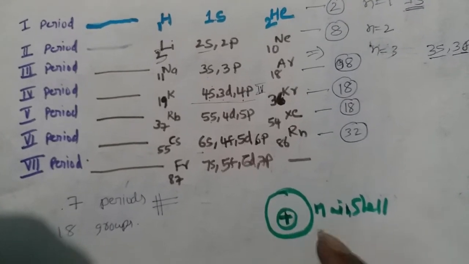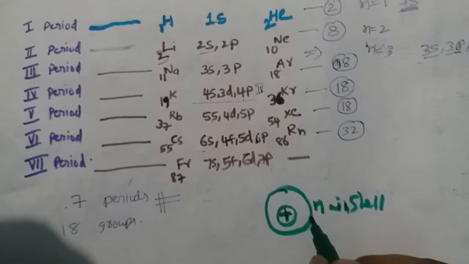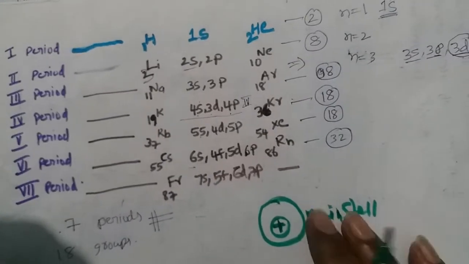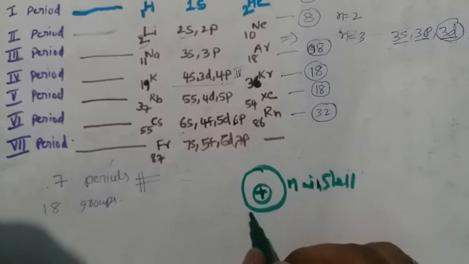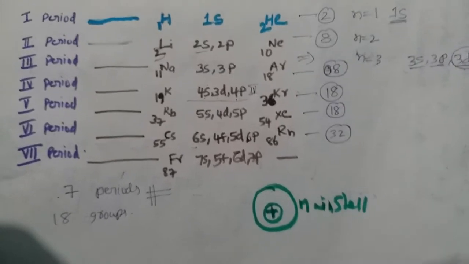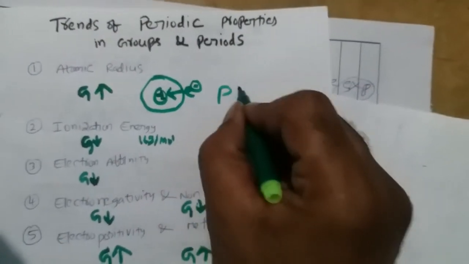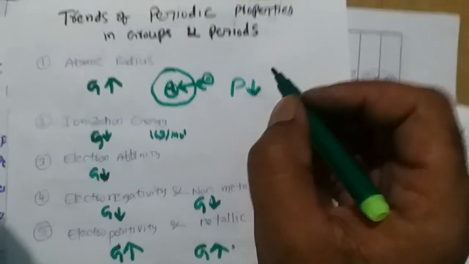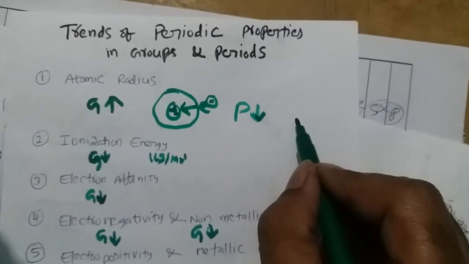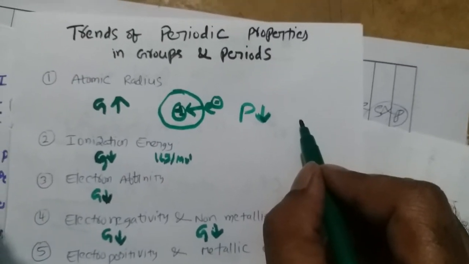Then what happens? The nuclear attraction force over the electrons will be increased. Then, as we move left to right in a period, atomic size will be decreased. In periods, atomic size will be decreased. The reason is, there is no change in the main shell in a particular period.